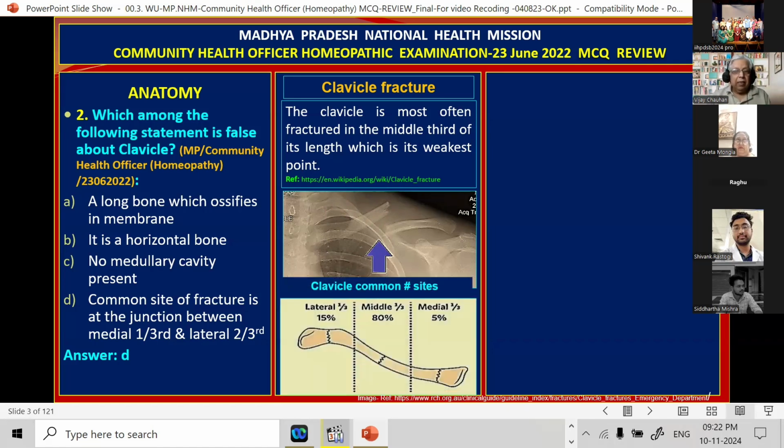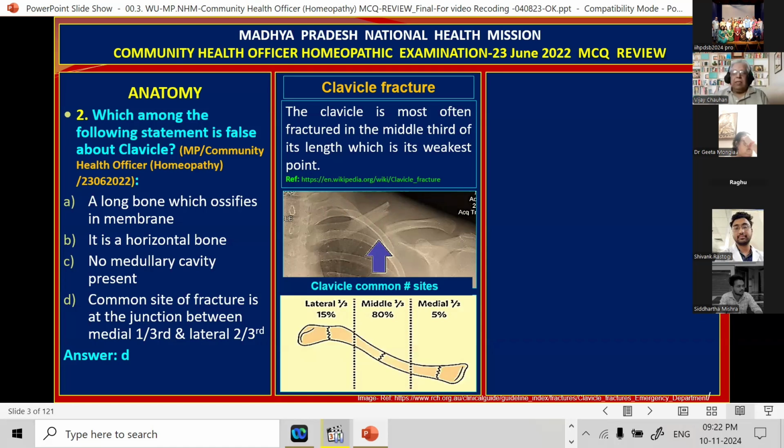Let us see what the common sites are and the percentage of fractures you will come across. Lateral one third, towards the acromial end: approximately 15% of the time.